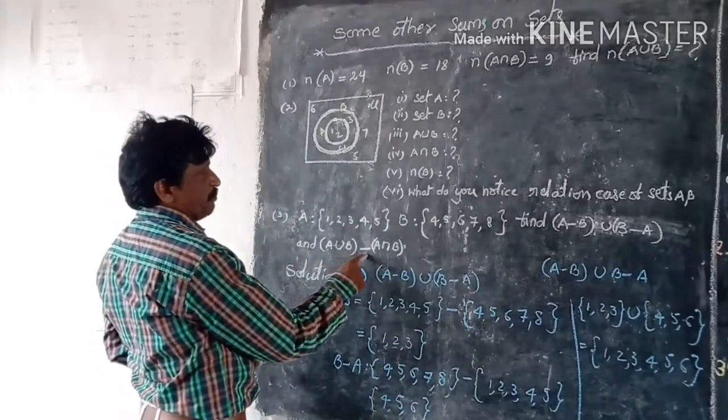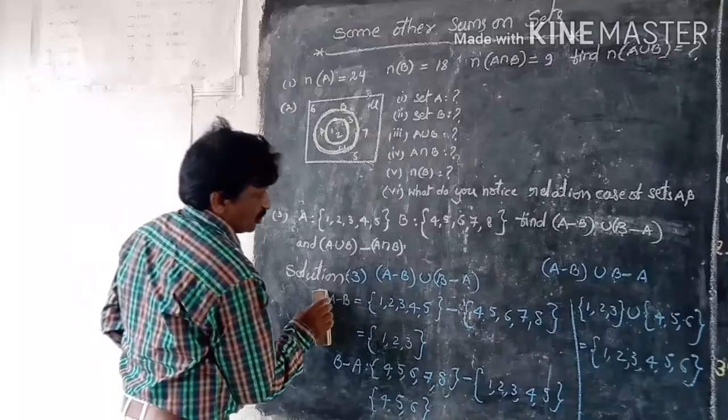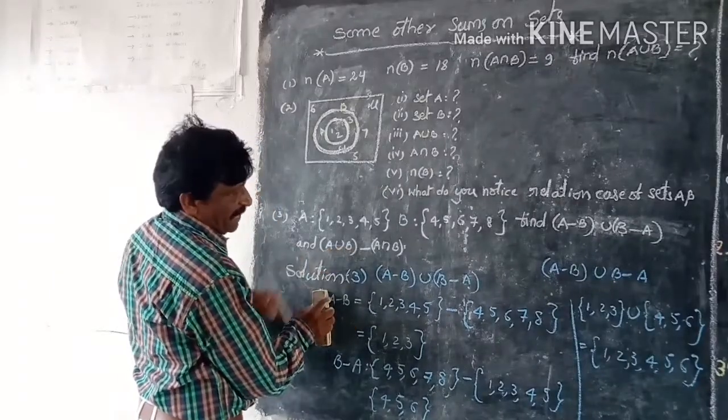Next, the sum (A union B) minus (A intersection B). Same solution.